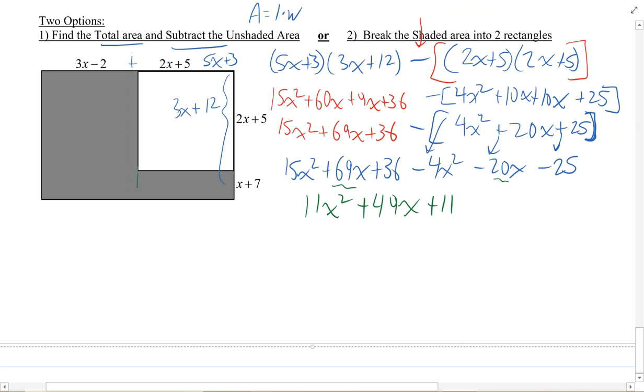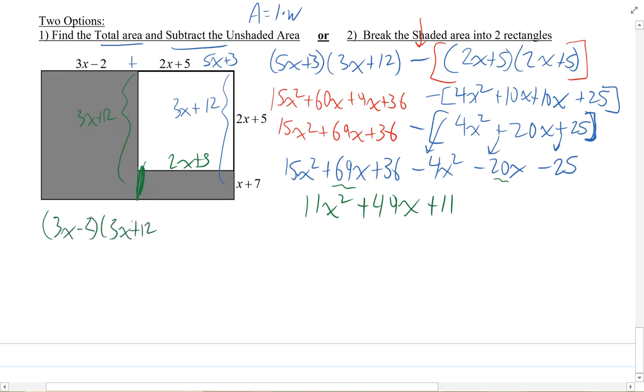Method number 2 is you just break this up and you find your area. So this here would be 2x plus 5, and this area right here, the whole thing, is going to be 3x plus 12. And so we're going to get, for the area of the large rectangle, 3x minus 2 times 3x plus 12. And we're going to add it to the area 2x plus 5 times x plus 7.